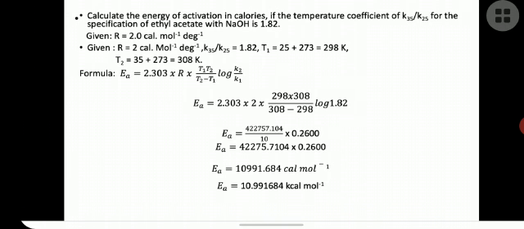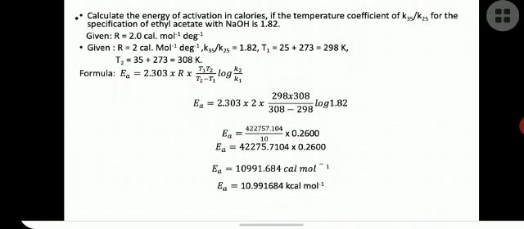Now, by doing the proper calculation, we get the energy of activation as 42275.7104 into 0.2600. By multiplication, we get the energy of activation is equal to 10991.684. It is calories per mole.